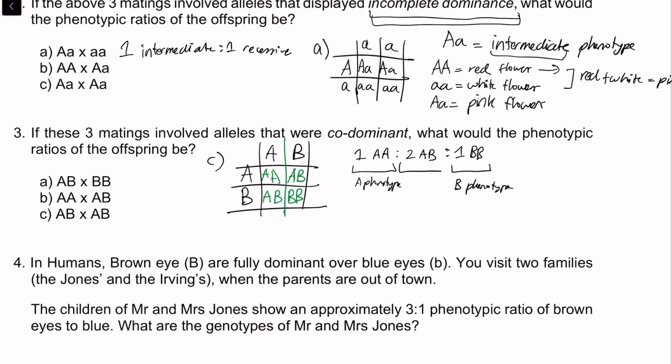But instead of the blending together, what codominance means is that they will coexist together at the same time. So this is basically both A and B.